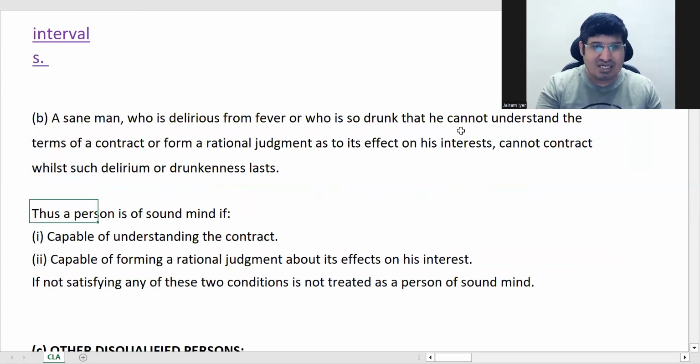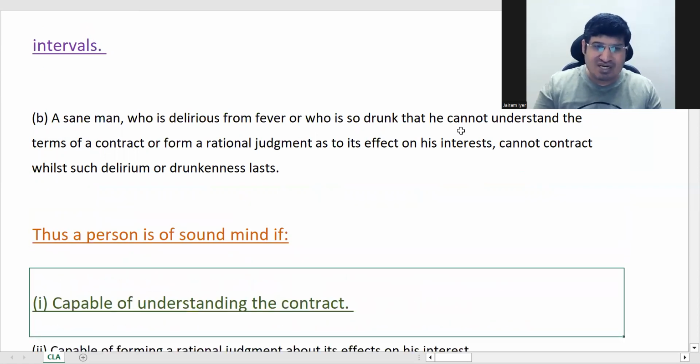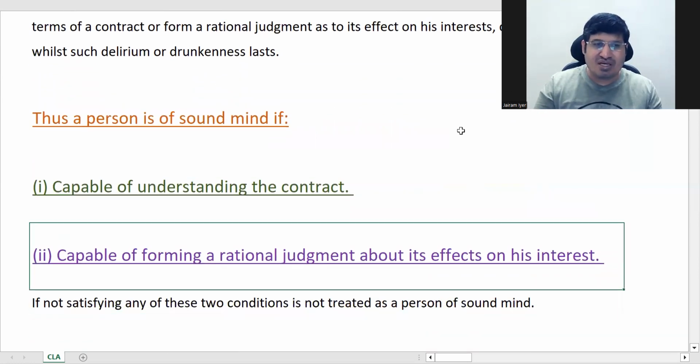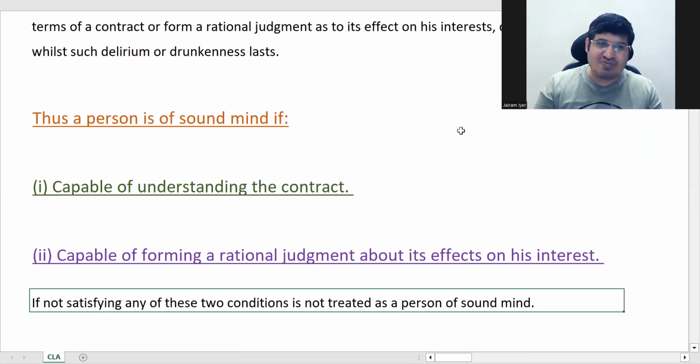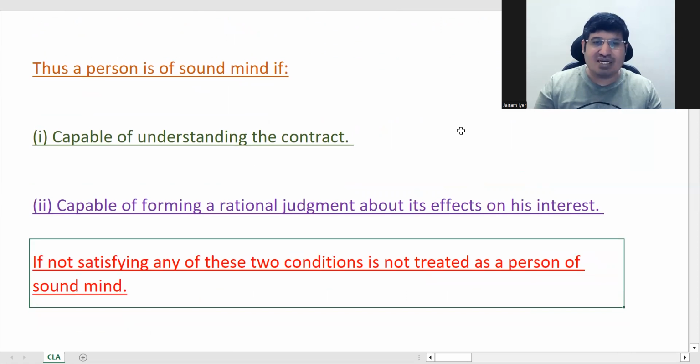Thus, a person is of sound mind if he is capable of understanding the contract, capable of forming rational judgment upon his interest. If not satisfying any of these two conditions, he is not treated as a person of sound mind. This is a very, very important part.